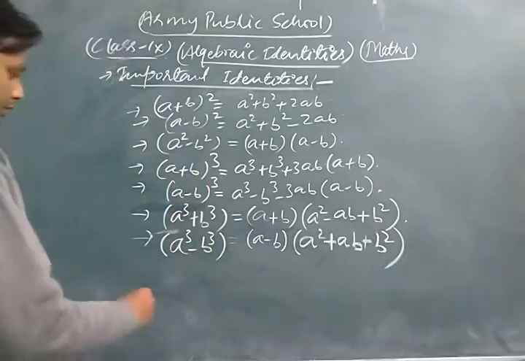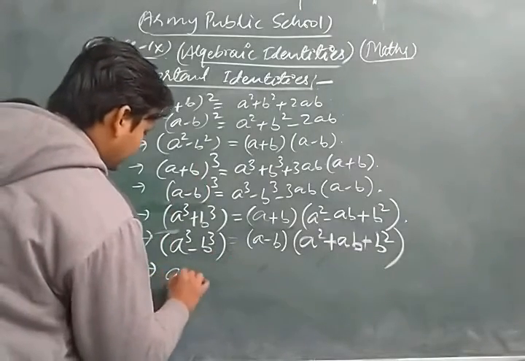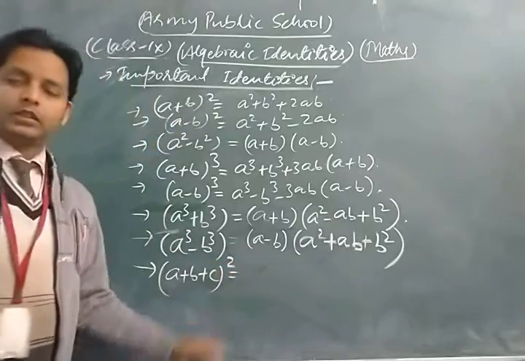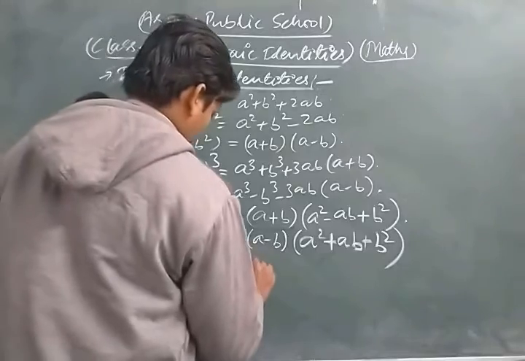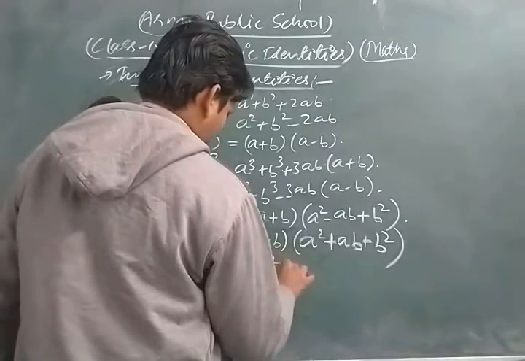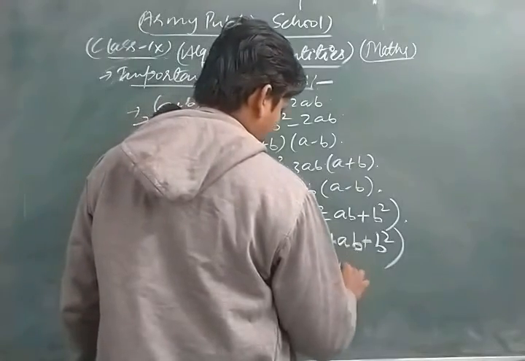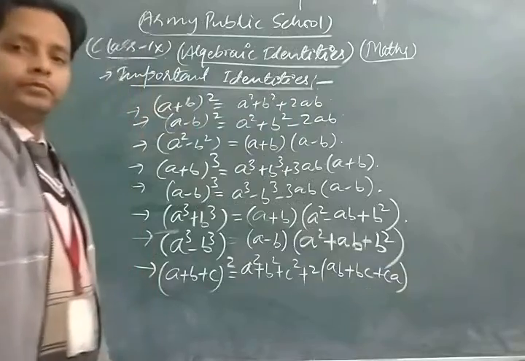Now next one is A plus B plus C whole square. This is also a very important algebraic identity. This is A square plus B square plus C square plus 2 times in bracket AB plus BC plus CA.